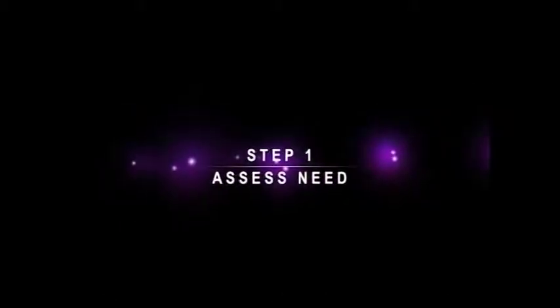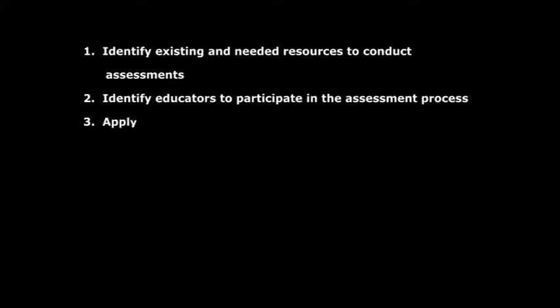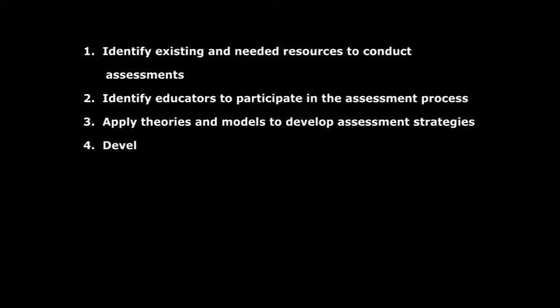Now we have step 1, that is assess need. In this, we have number 1, identify existing and needed resources to conduct assessments. Number 2, identify educators to participate in the assessment process. Number 3, apply theories and models to develop assessment strategies. Number 4, develop plans for data collection, analysis, and interpretation.